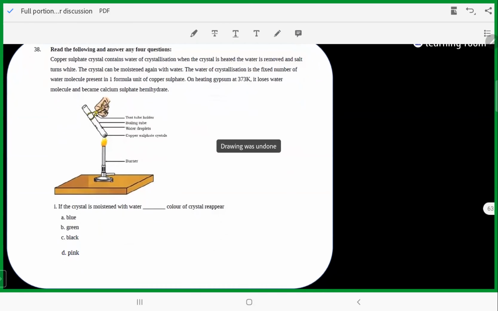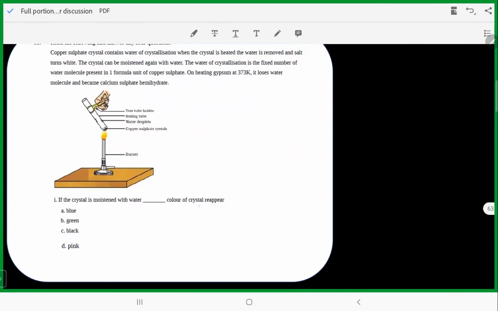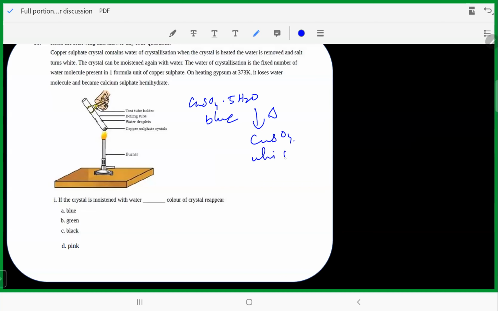The crystal is moistened with water, and the color of the crystal reappears. Copper sulfate 5H2O is blue in color. When you heat it, it becomes copper sulfate monohydrate, which is white in color. When the crystal is moistened with water, the color reappears as blue color.